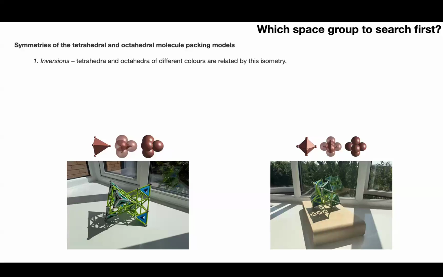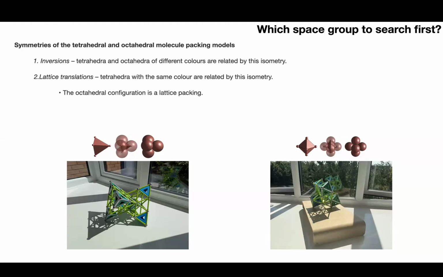There is also an inversion in the octahedra case, but the octahedra have an inversion embedded in themselves, so it's not visible. And then we have lattice translations: the tetrahedra and octahedra with the same color are related to each other by lattice translations.